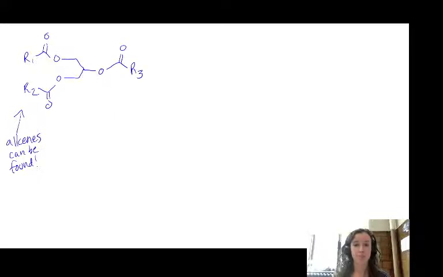Let's do this mechanism. Our first reactant is the triglyceride. Second reactant is methanol. Now, methanol is not a particularly strong nucleophile. So how might we make it a better nucleophile? Well, that's what the catalyst is for.